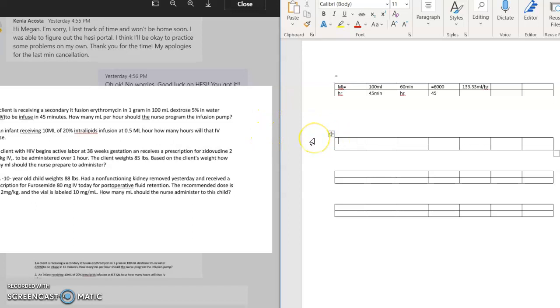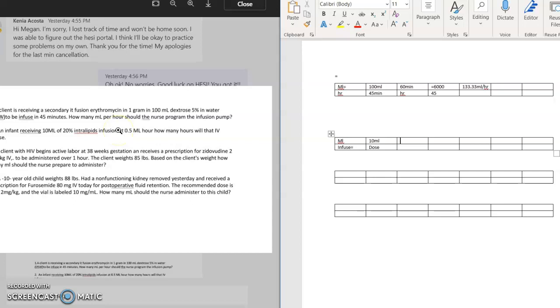And then number two is how many hours will the IV infuse? So I start with what am I looking for? So mils to infuse, and your order is 10 milliliters of the intralipids. So just 10 milliliters per dose. It doesn't matter what you're giving. You just need to know that volume. And then what we have on hand is 0.5 mils per hour.